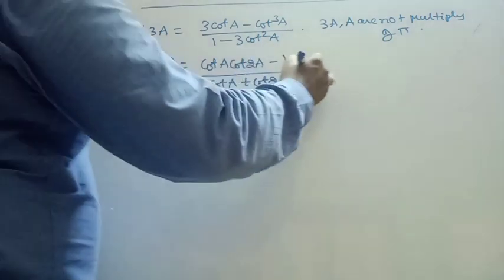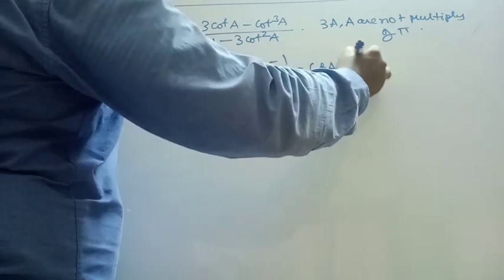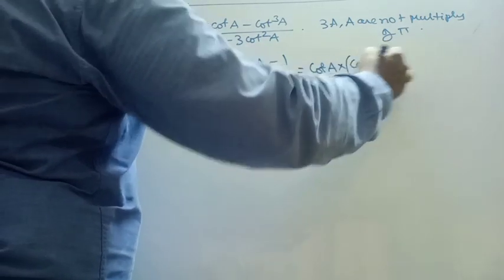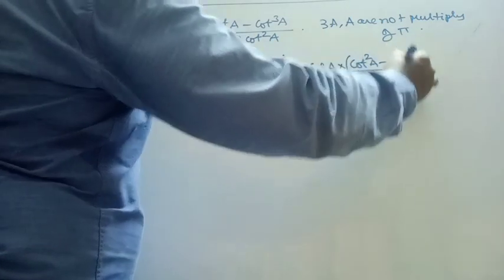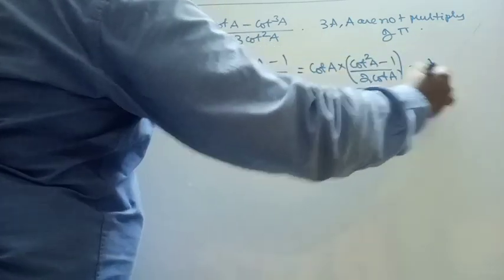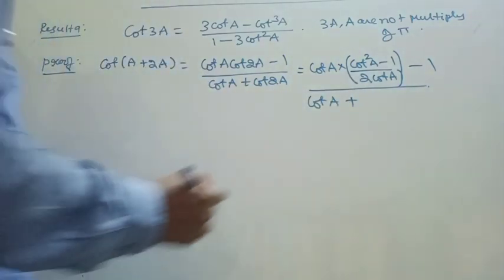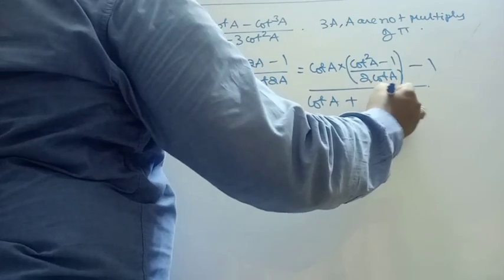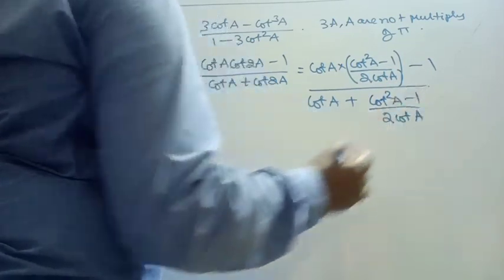Now this is equal to (cot A into cot 2A minus 1) by (cot A plus cot 2A). Cot 2A formula is what? Cot 2A is (cot square A minus 1) by 2 cot A.